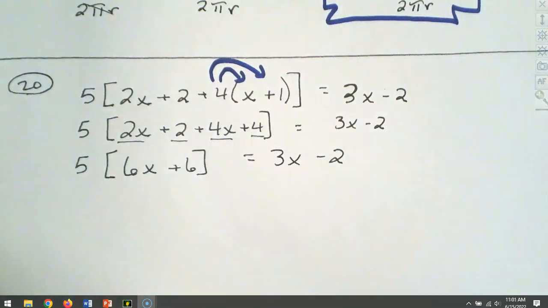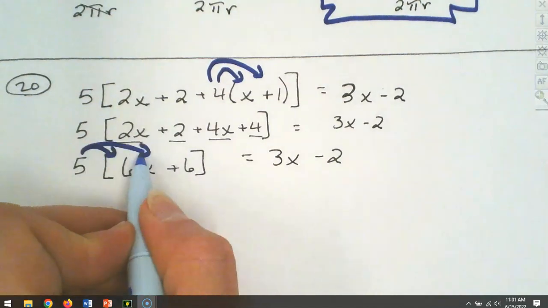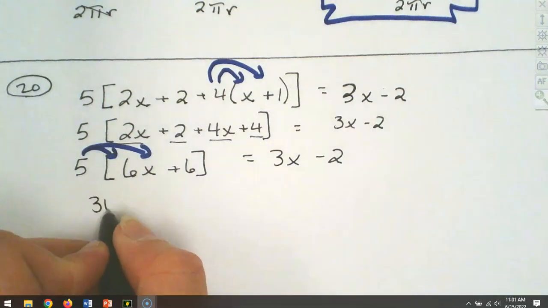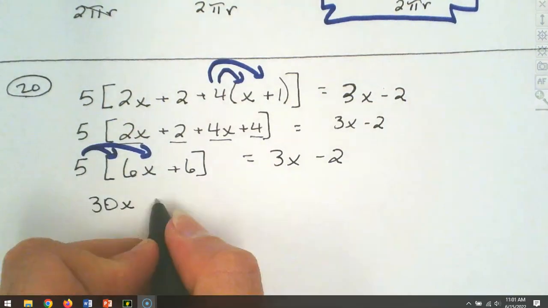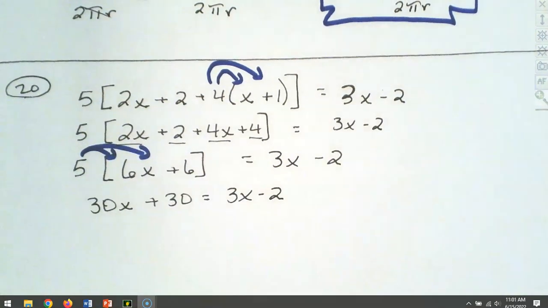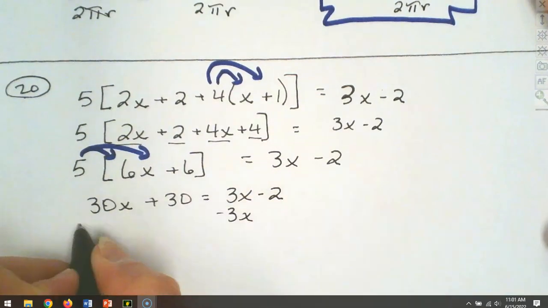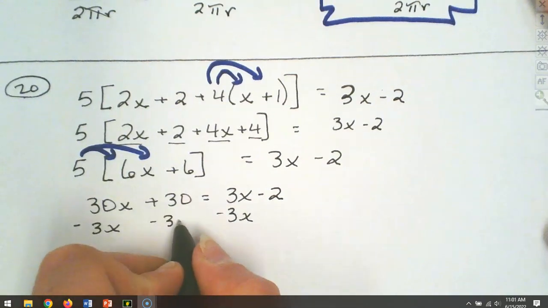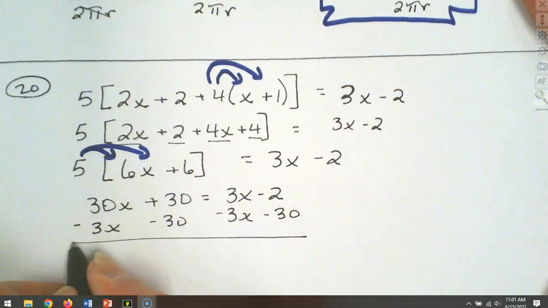Simple enough. Distribute the 5 through, because remember, square brackets work just like parentheses. So that is now 30x plus 30 equals 3x minus 2. And we'll move things around to get what we want. So I'm going to move that 3x over so we can join the 30x, and I'm going to move the 30 over so we can join the negative 2.